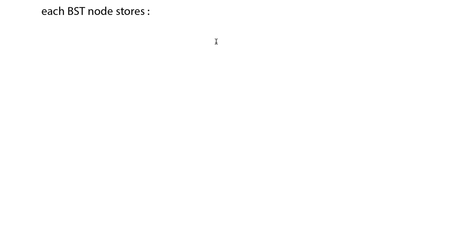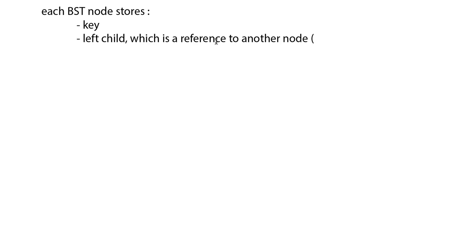It stores, first of all, the key, it stores the left child, which is a reference to a node, another node, or null.